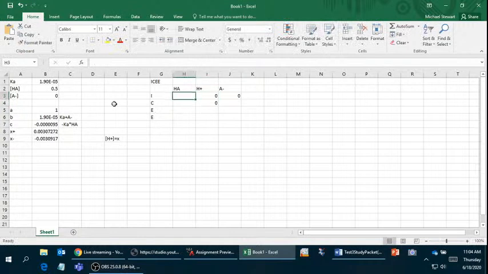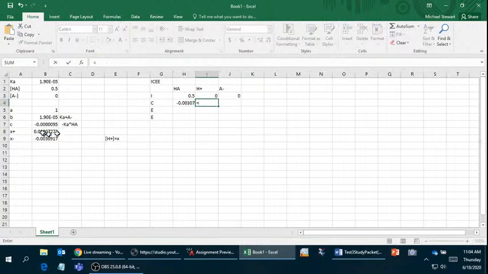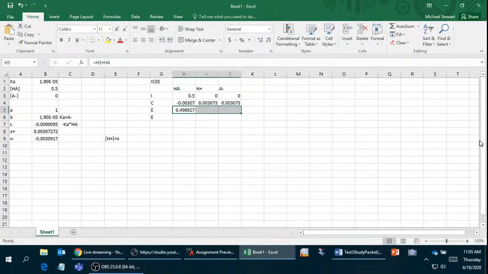And we're going to have our X here. E is I plus change. And this would work it out for every case.